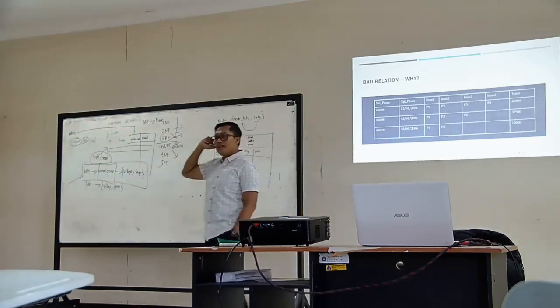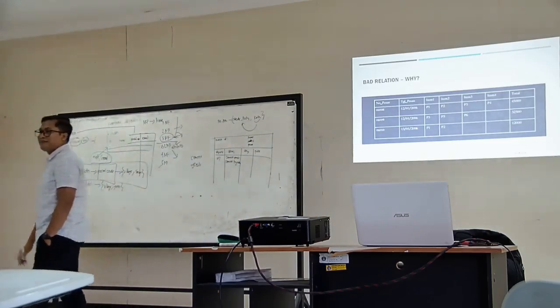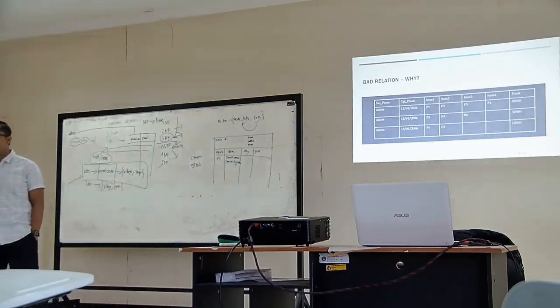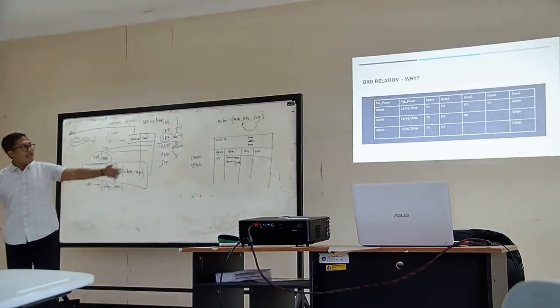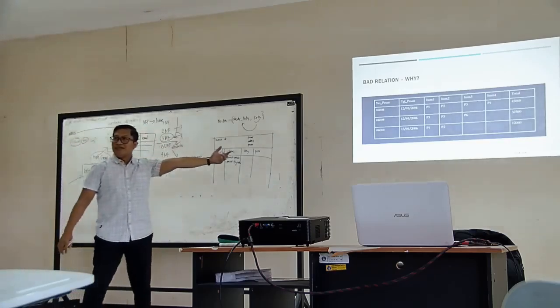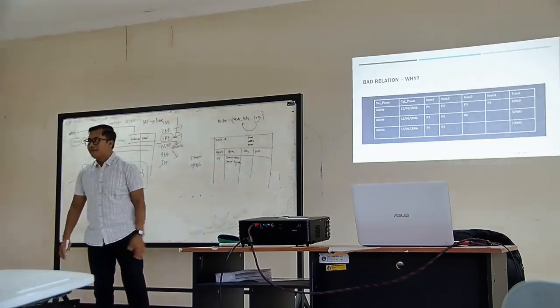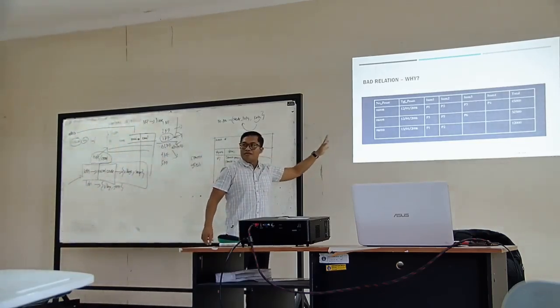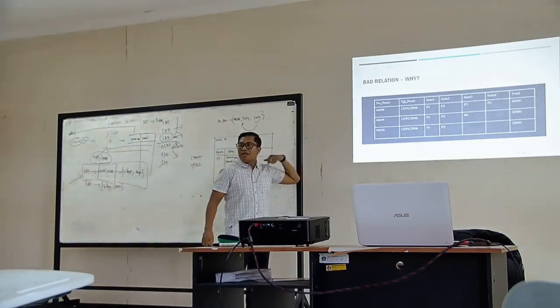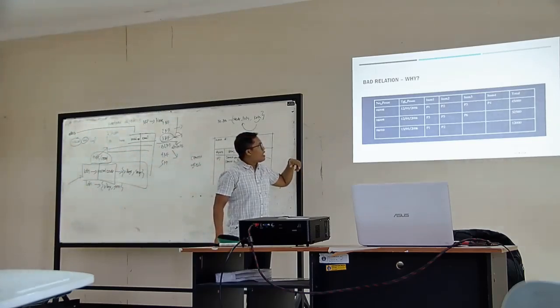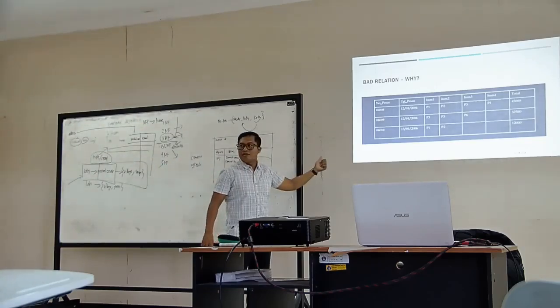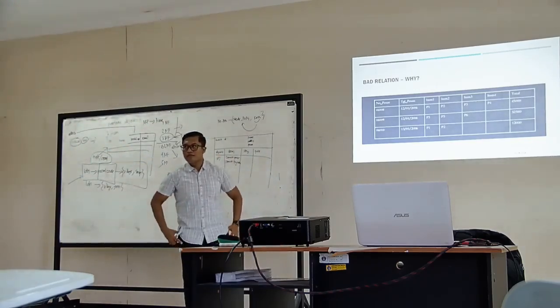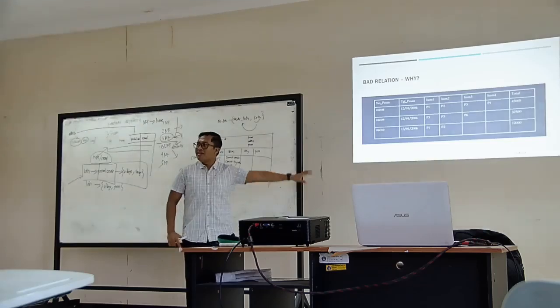It's called multi-value, right? Bad table structure. How can we handle that?